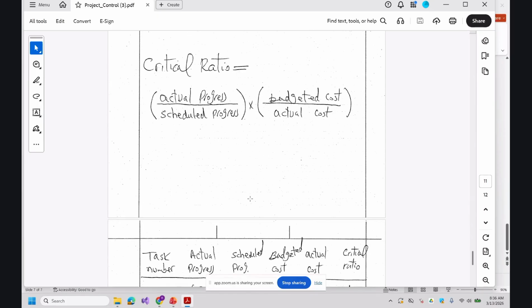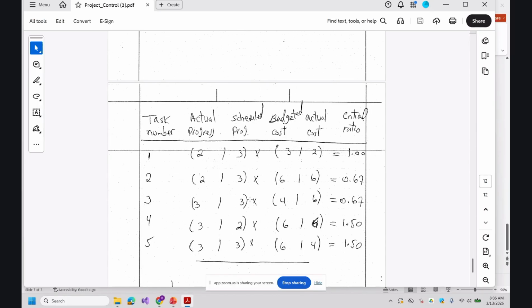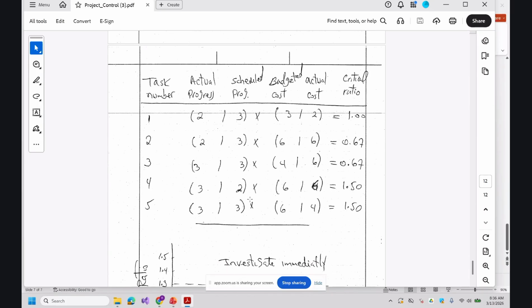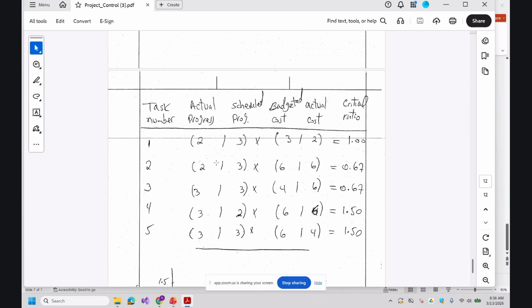All right. Now look at this example, where you need to do some computation. You have task number 1, 2, 3, 4, and 5. Task 1 you finished in 2 days, but you scheduled it for 3 days.